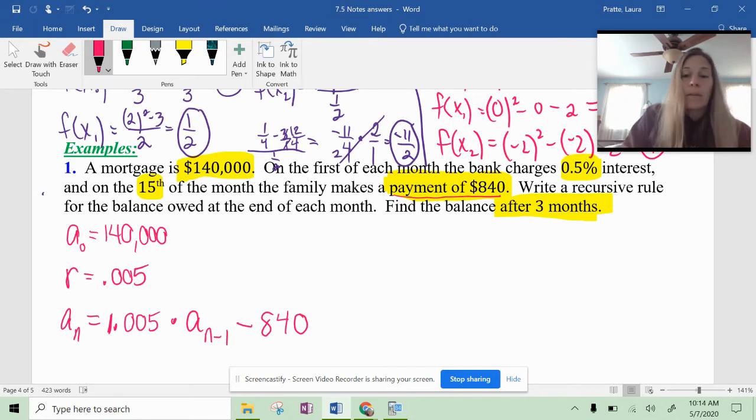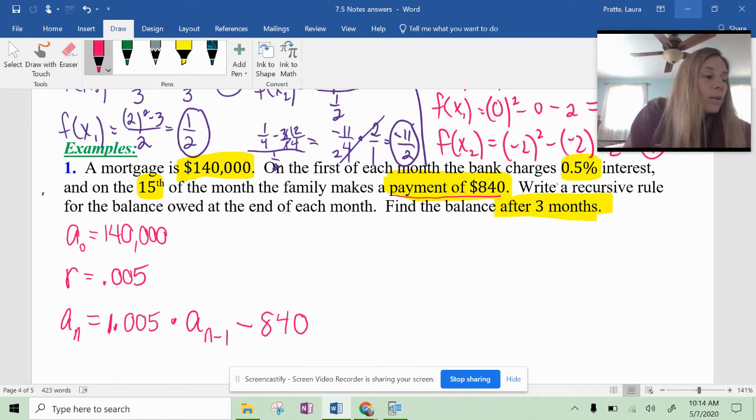Now, what's happening first? On the first of each month, the bank charges 0.5% interest, and on the 15th, the family makes a payment. This is a little tricky depending on when you start, so let's say it started at the first of the month. They're not going to charge you interest the day you get the loan.